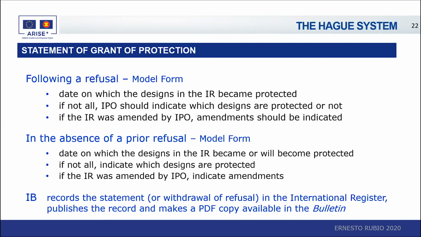If WIPO receives from you a statement of grant of protection or a withdrawal of refusal, it will then record this statement or withdrawal in the international register, and it will inform the public through the bulletin. And the international registration will then be protected in your country.